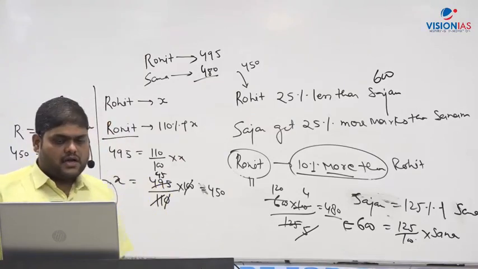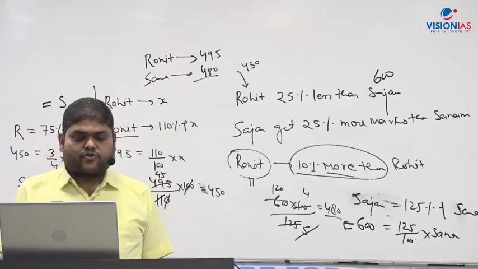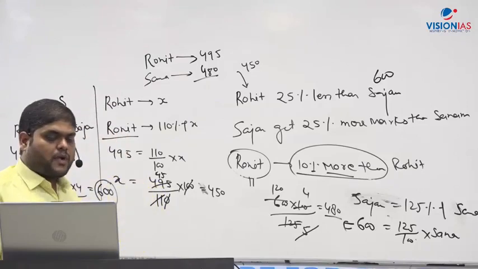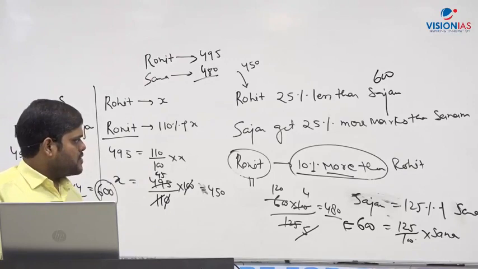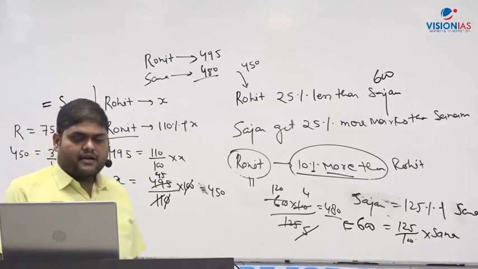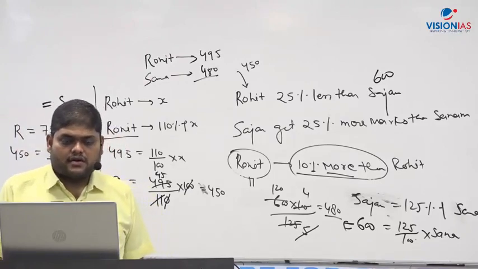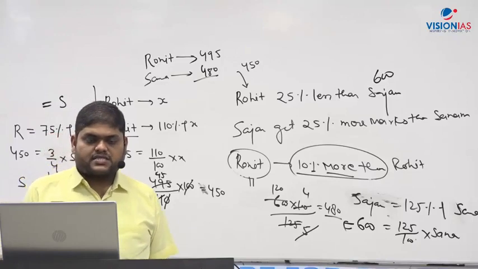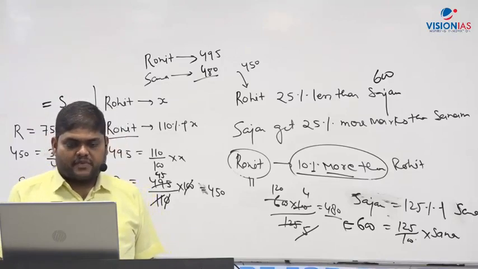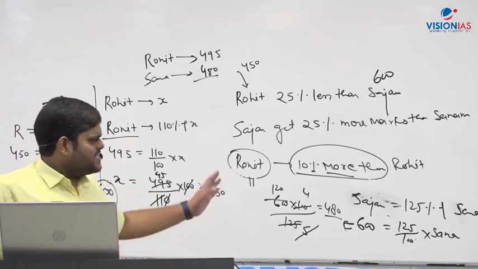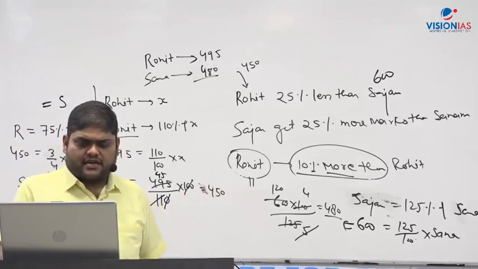Sajan gets 20% more marks than Sanam. Ronit got 10% more marks than Rohit. If Ronit got 495 marks, what percent of marks?